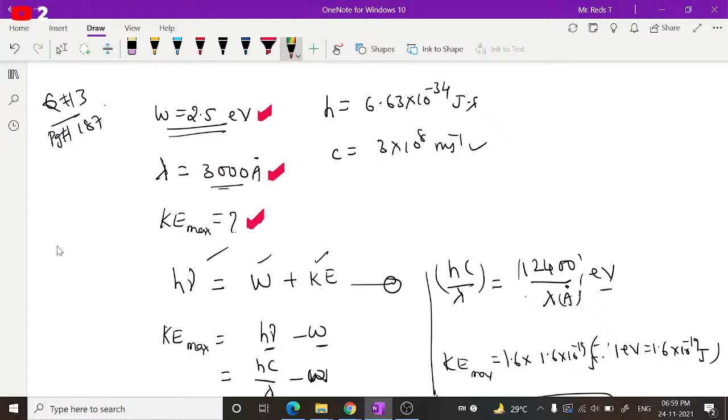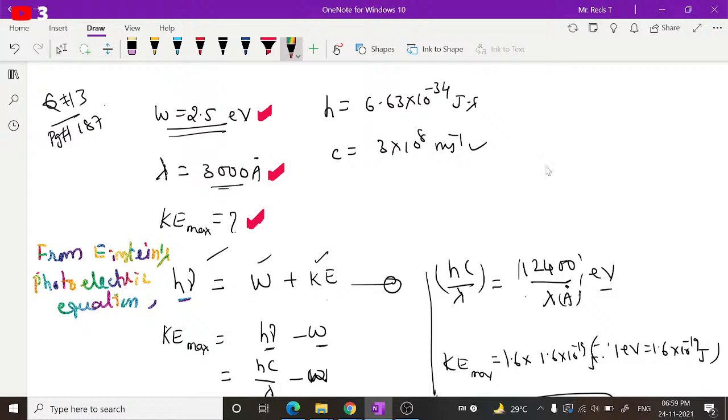We can use Einstein's photoelectric equation. The energy of the incident photon should be equal to the sum of work function plus kinetic energy.